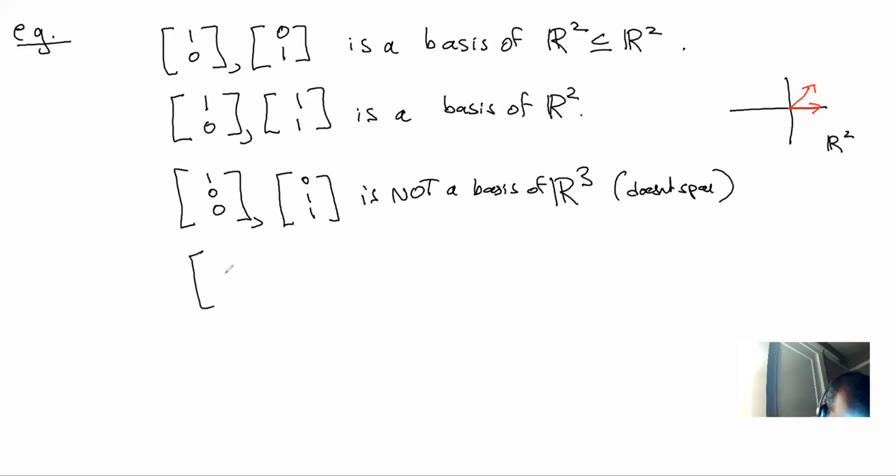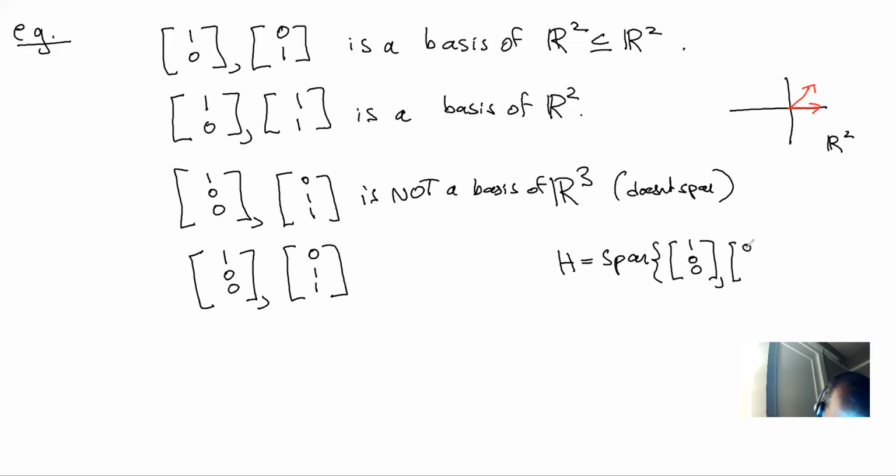Okay, what about the same set of vectors? Is this a basis of this subspace? Is this set of vectors, these two vectors, a basis of that subspace, of the span of the two vectors?